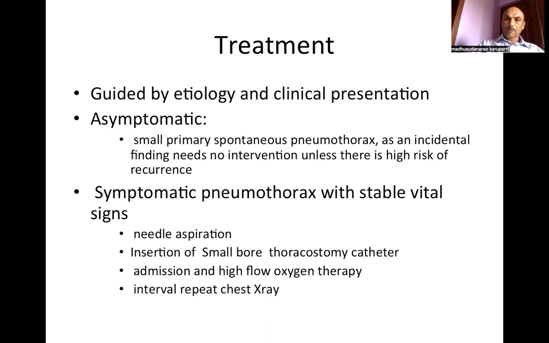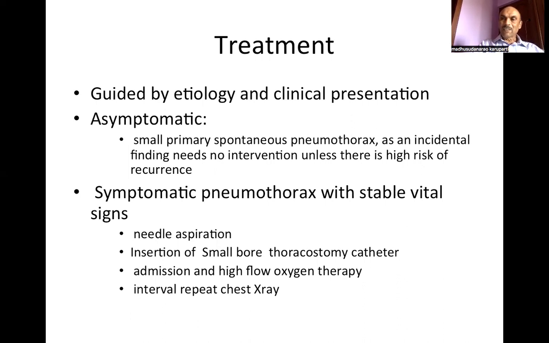How do you go about the treatment? Your treatment is guided by etiology and clinical presentation. Your goal of treatment is, number one, to eliminate the air from the pleural cavity. Number two, help heal the bronchopleural fistula.